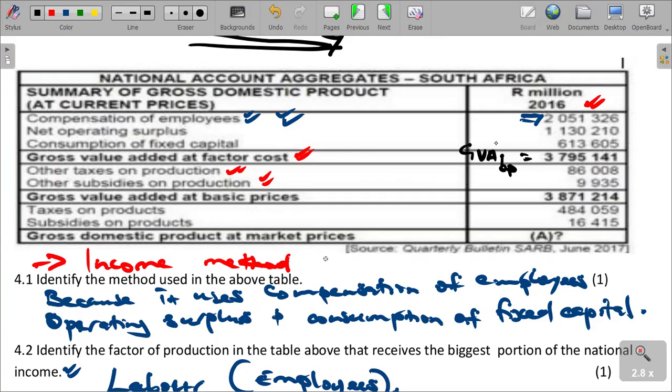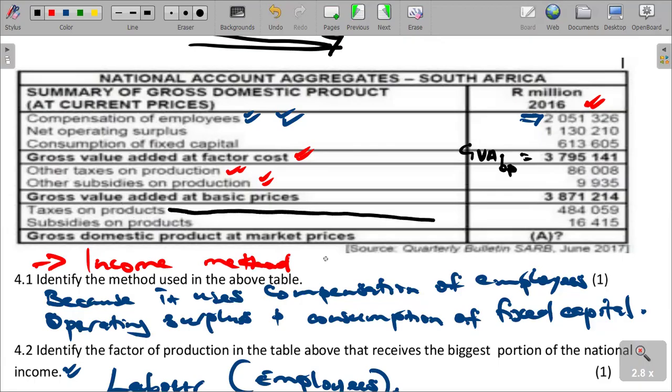And then we also have our taxes, which are given there, taxes on products.